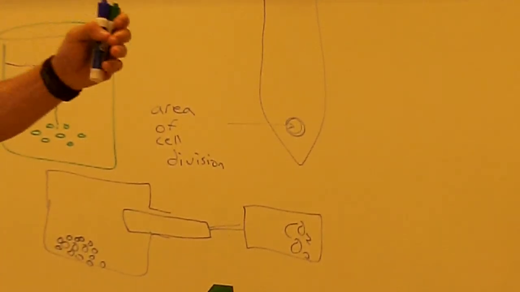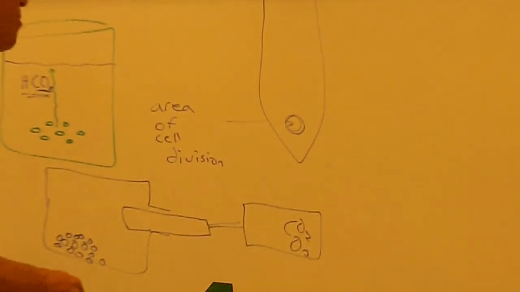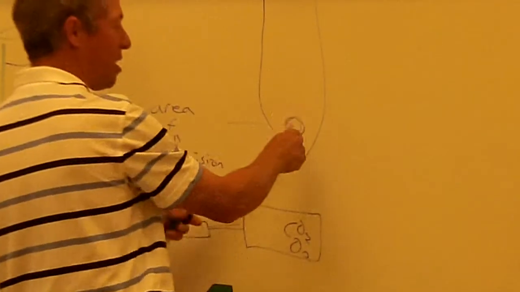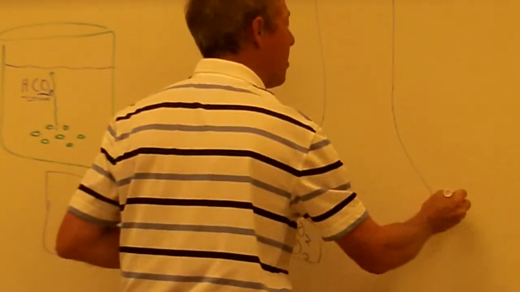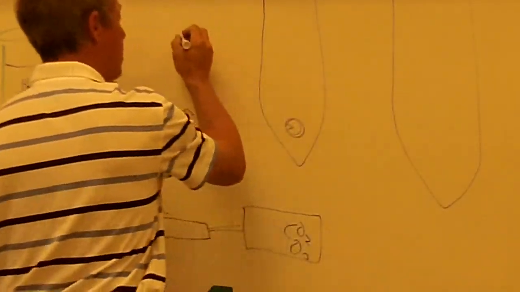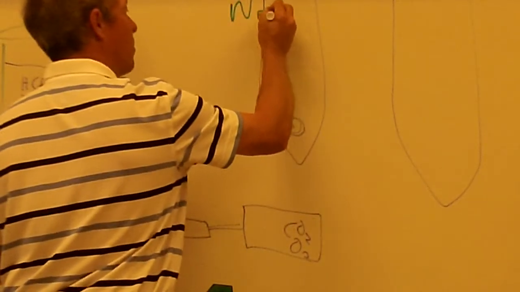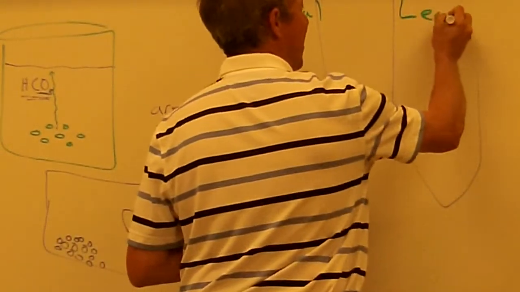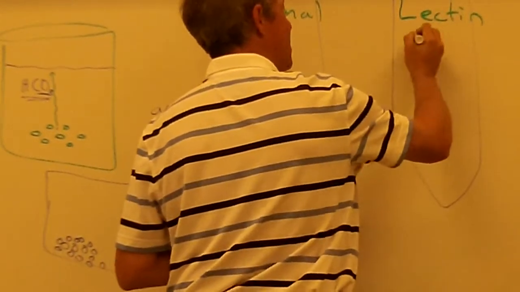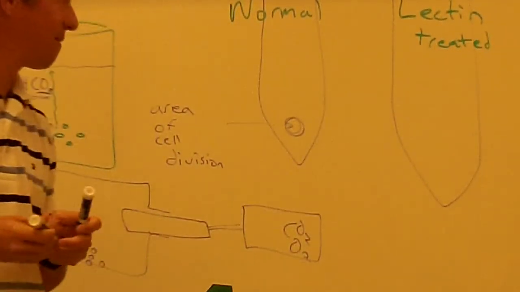Now, if we were to do the lab in its entirety, here's what we would have done. We would have taken a normal onion and looked at its cells. This would be our normal. And then we would have taken another onion, and this would be our lectin-treated onion.